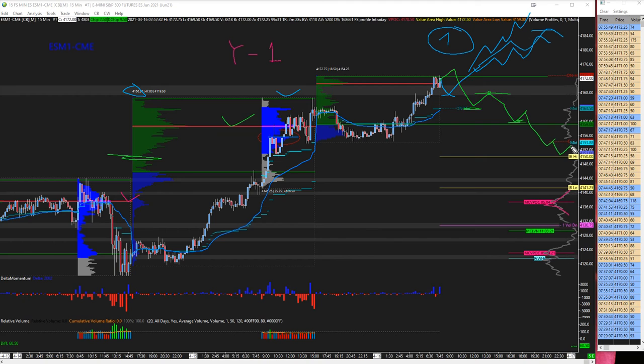So that's already 22, 23 points of range. If we go any lower, we may take out the low of the prior day, 41. It's about 30 points of range, a bit unlikely for a Friday.